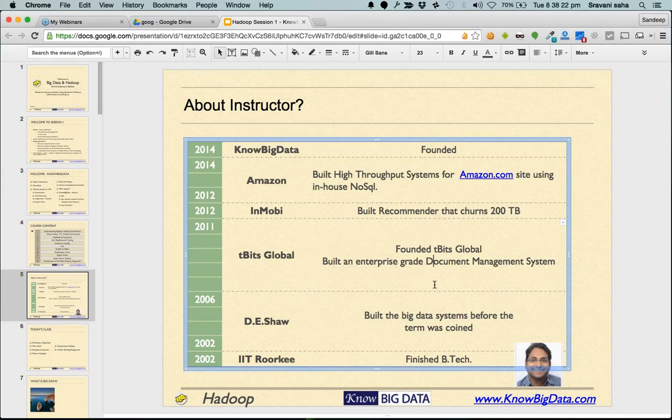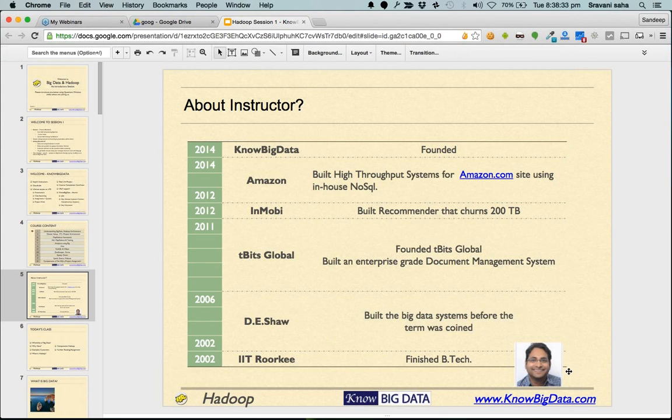At that time we had systems where we used to churn humongous amounts of data, data that was difficult to transfer over the wire. So we used to get the data through the courier. Now you can imagine how big the data was.